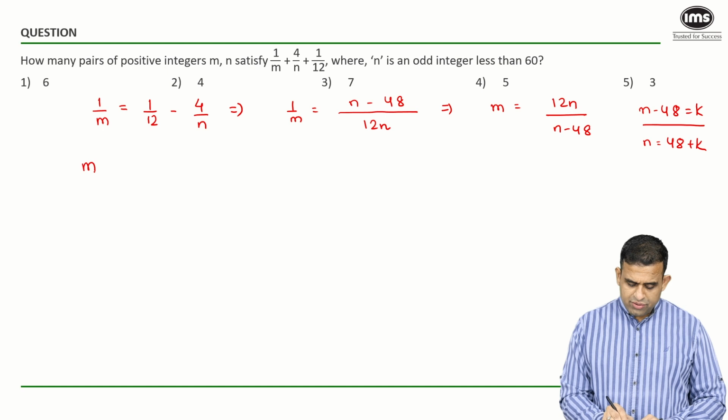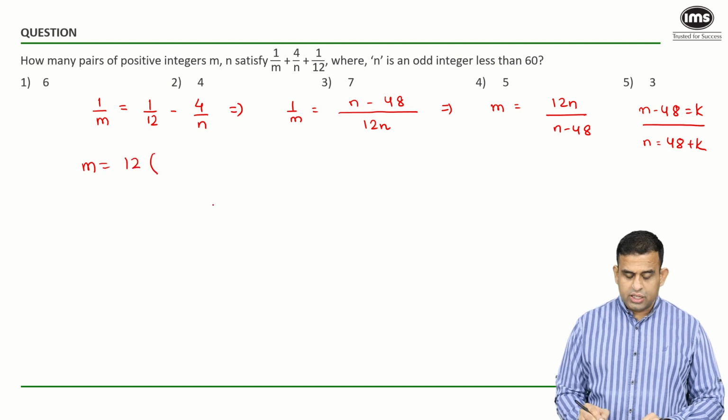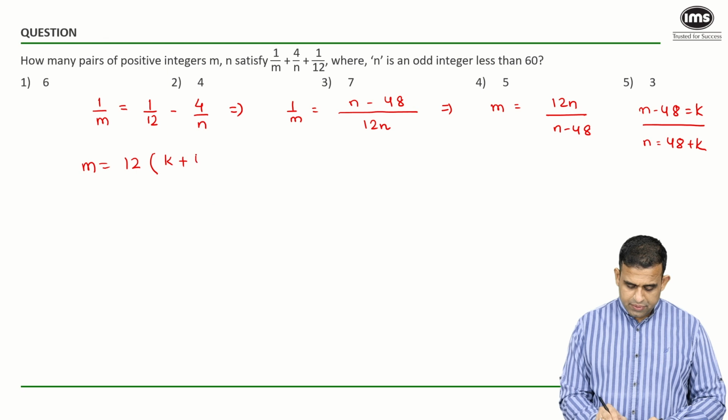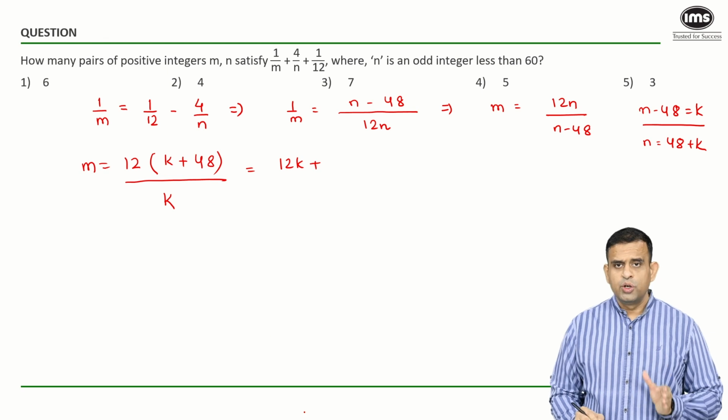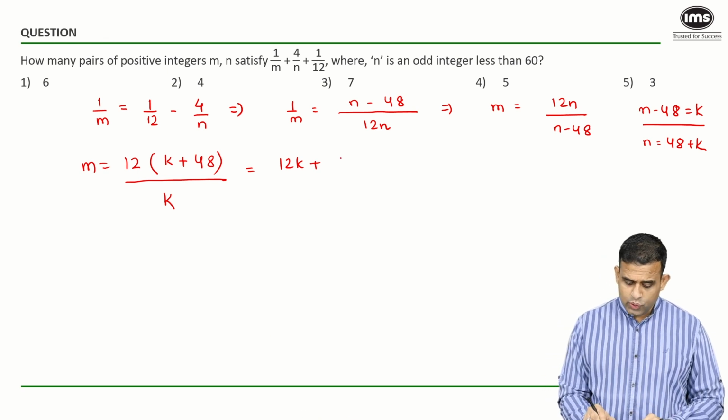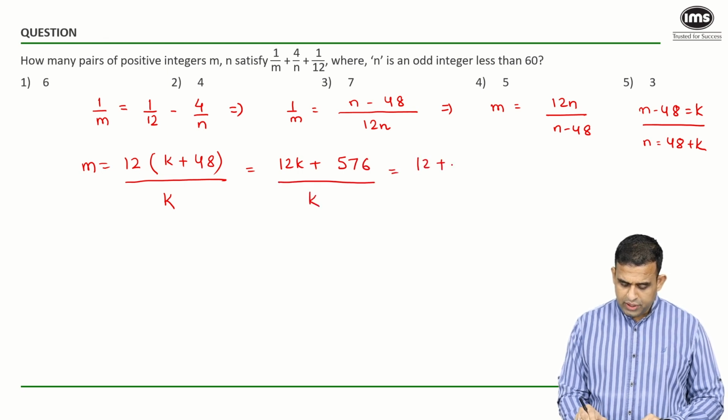So now m is equal to 12 times (48 plus k) divided by k. This becomes 12k plus 12 into 48, which is 480 plus 96, giving 576, divided by k, and this is equal to 12 plus 576 divided by k.